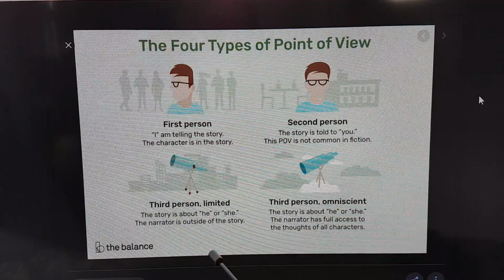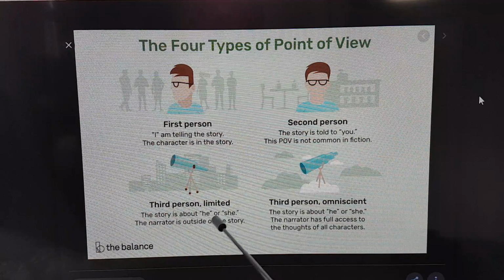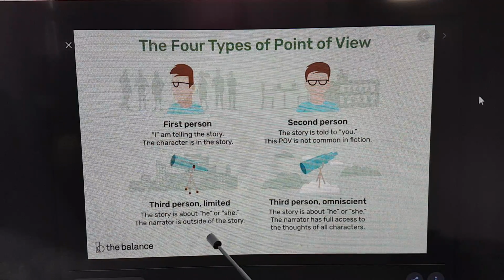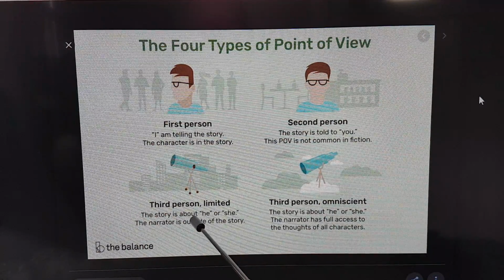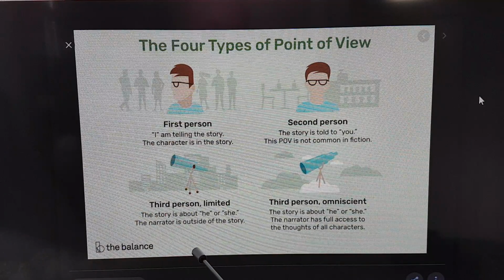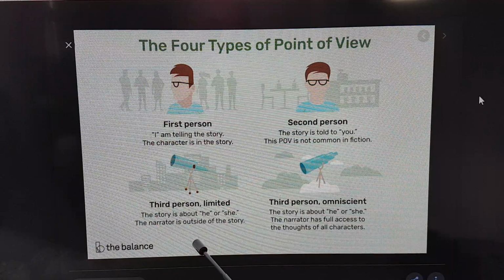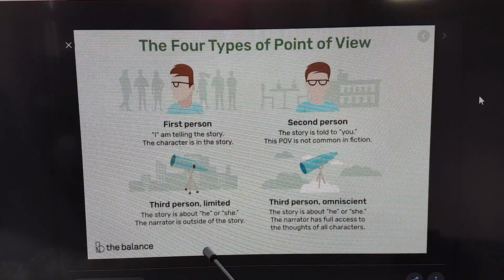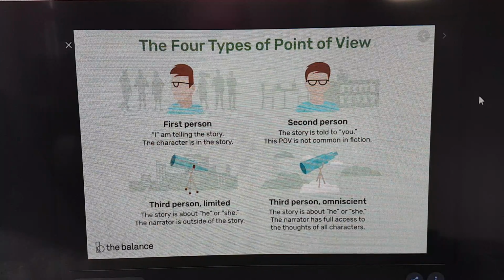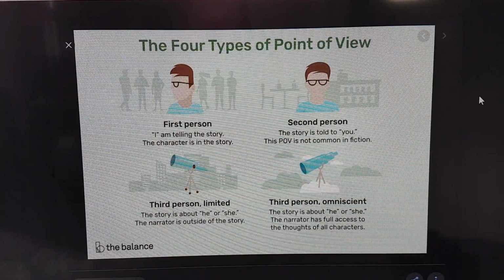And here we have two distinctions, more or less. Third person limited narrator has limited insight into his character's frame of mind.